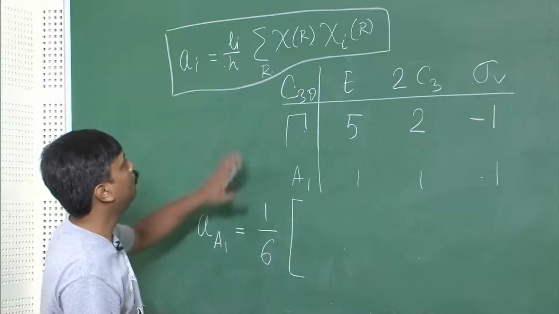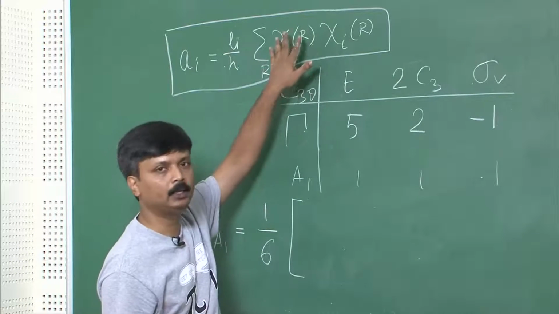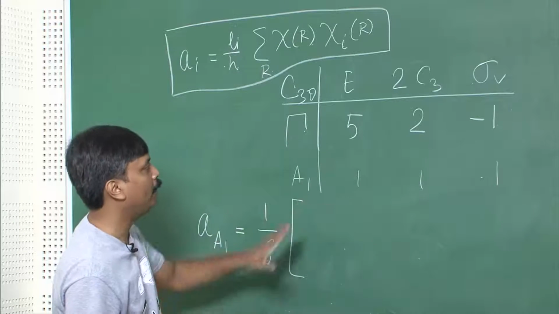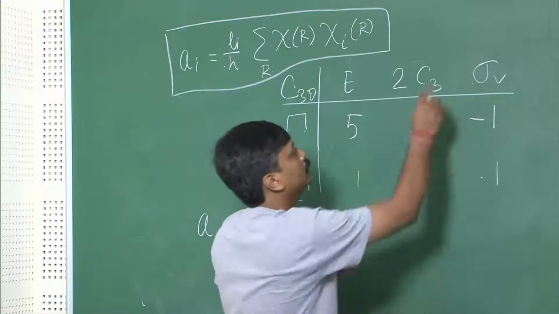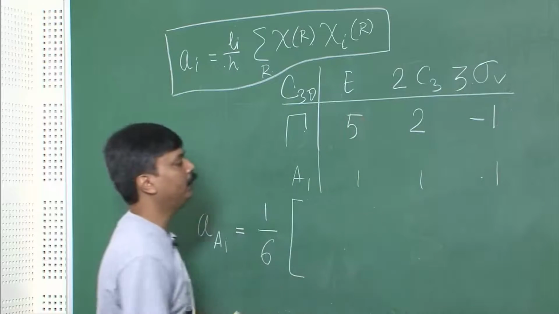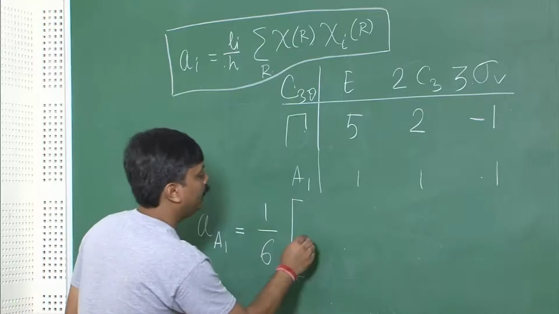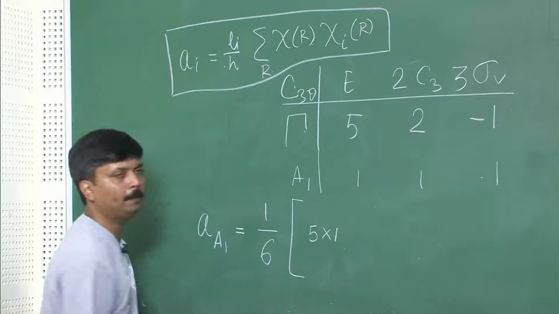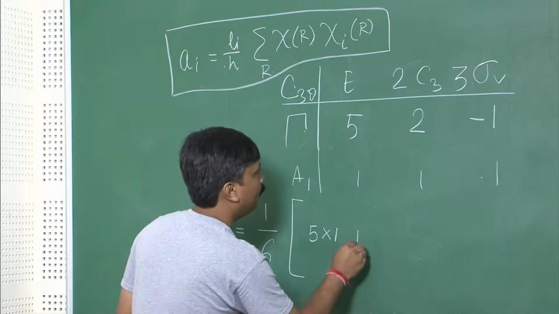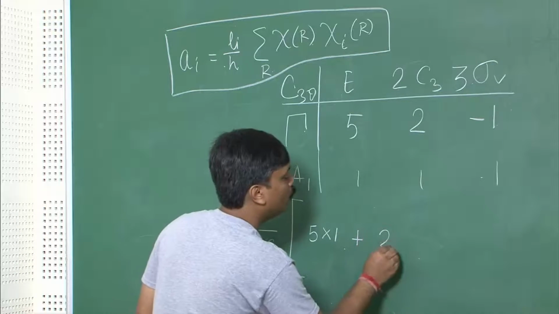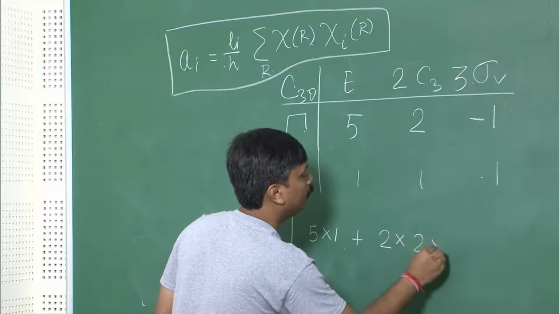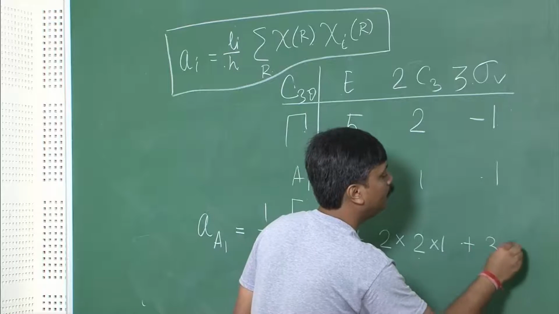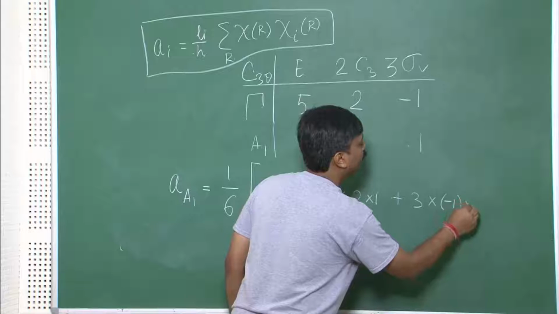And then I have to sum this combination. So I will combine this one and then keep summing, and we have to remember these numbers. So here we missed 3 here. Okay. So I have 5 into 1 plus 2 into 2 into 1 plus 3 into minus 1 into 1.